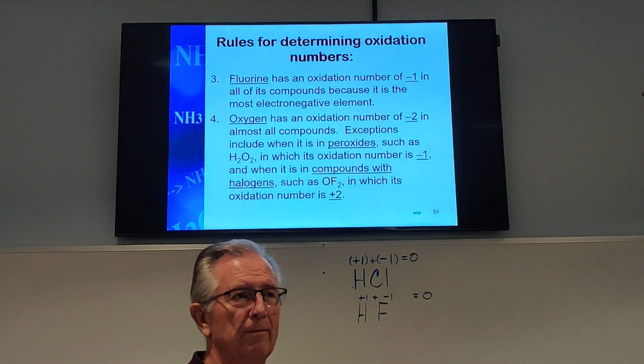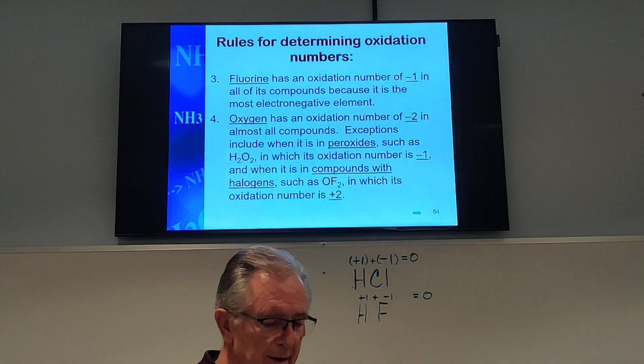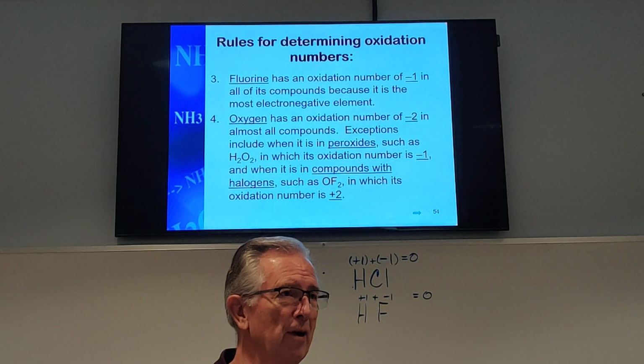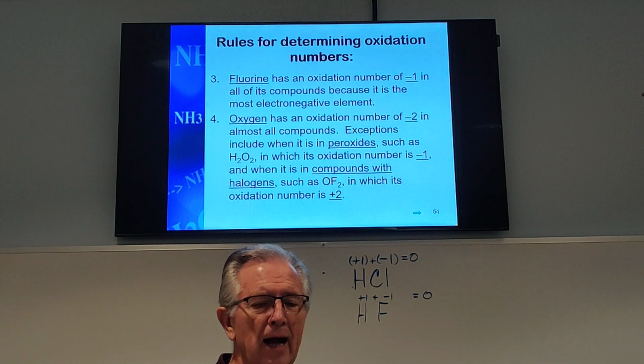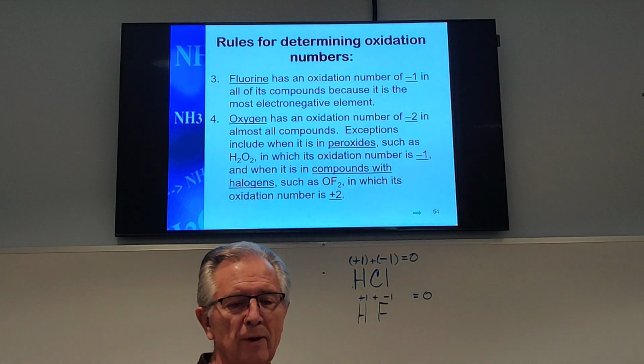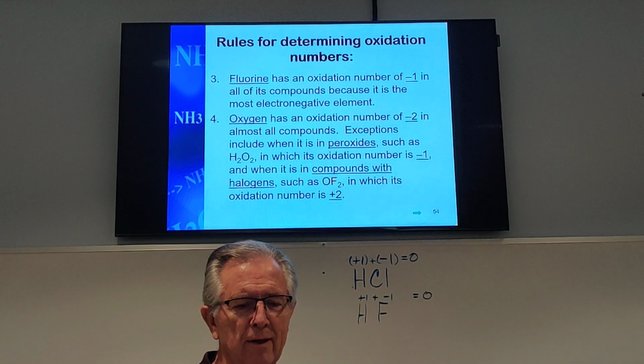Rule number 4, and this should match up with the chart that you're memorizing for your ion quiz. Oxygen, another element that appears very often, so we like to have rules for that.